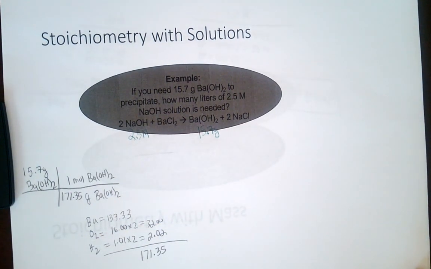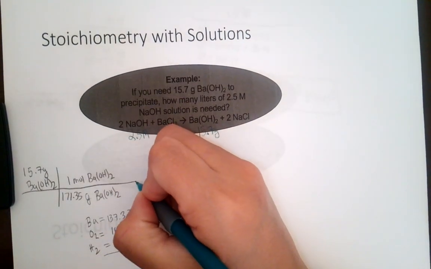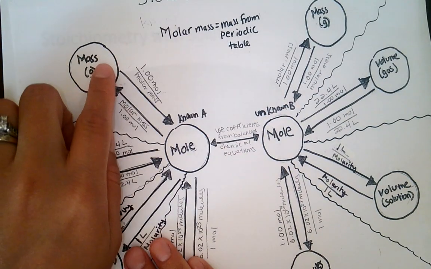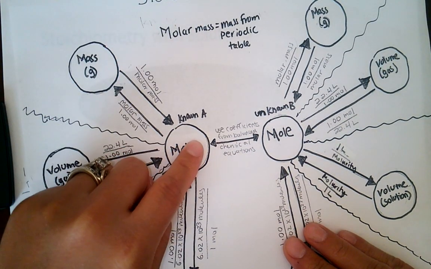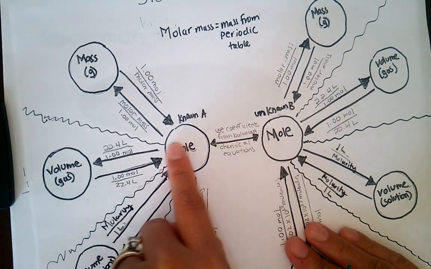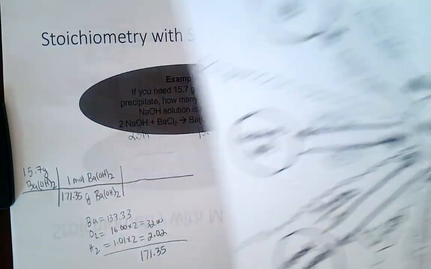Okay, and now I have it in moles of BaOH2. So that means that I just transfer from here to here. Now, I want to transfer it into NaOH, so I have to do the mole to mole ratio. I have to use coefficients.